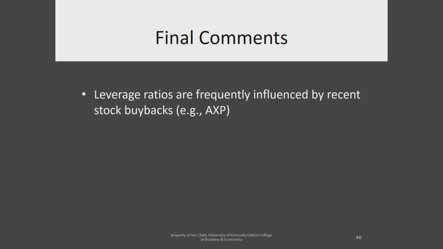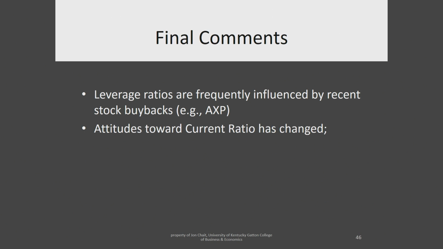A good example is American Express. You would think American Express would be roughly comparable to Visa and MasterCard. But their leverage ratios are gigantically higher. Why? Because they've had much bigger stock buybacks, and they've financed it out of debt, and as a result, their leverage ratios look sky high.